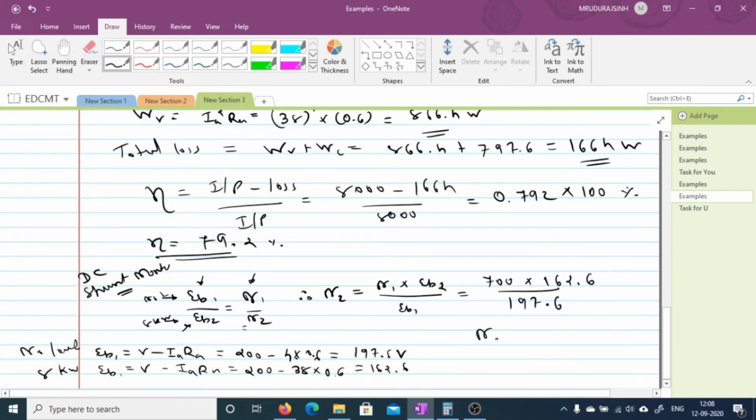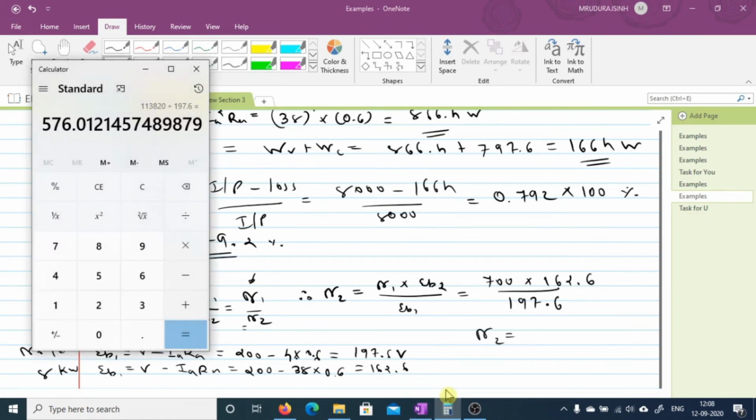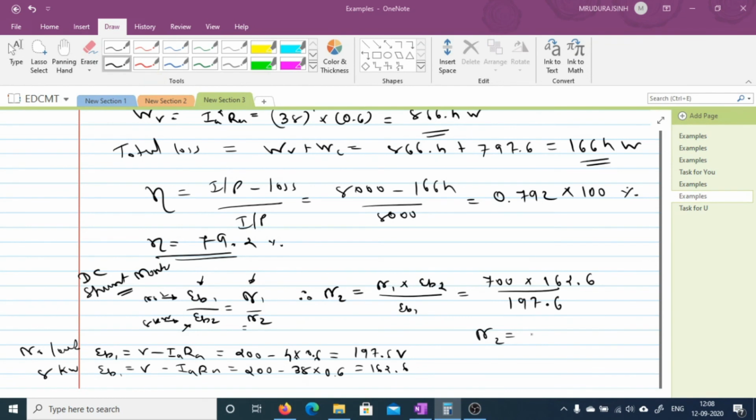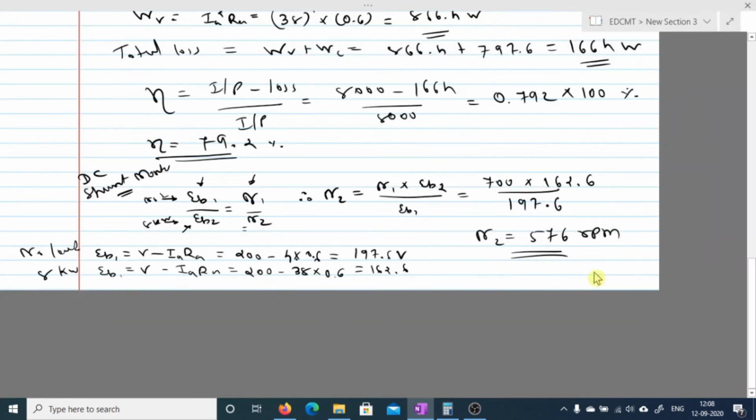So we just round it off to 576 rpm. So this is how you can calculate the speed of DC motor. So just observe this solution.